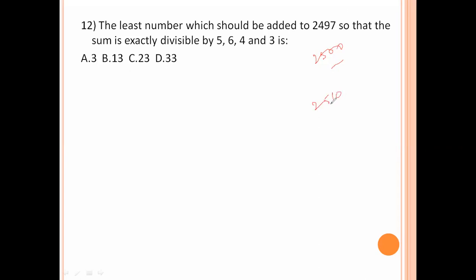It is divisible by 5, but not divisible by 6. So add 23, we get 2520. 2520 is divisible by 5 as the last digit is 0, and it is divisible by 6, 4 and 3. So it is divisible by all these values. So whenever we add 23 to this number, then only it is divisible by all these numbers.